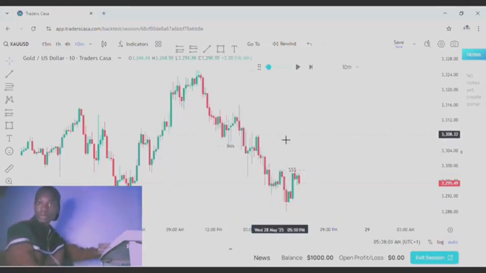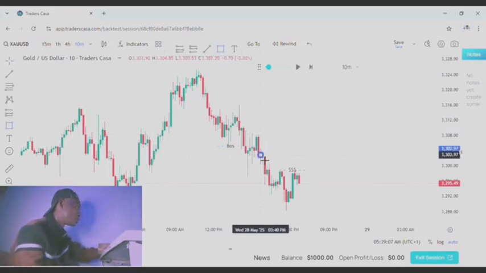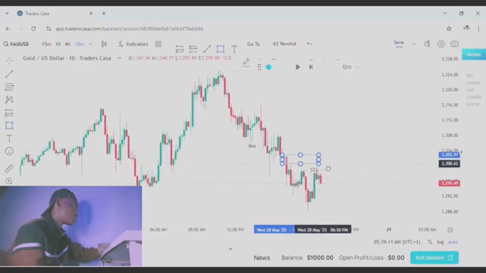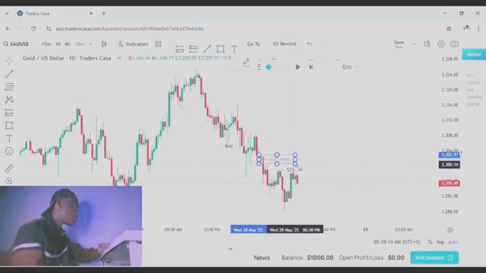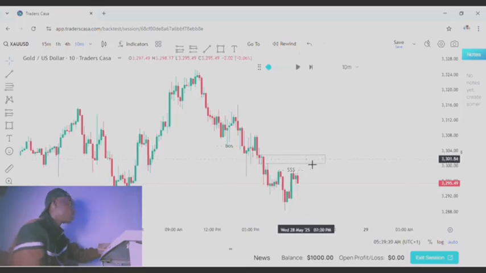Then guess where our order block will be? Right here. This small little candle right here is our order block.